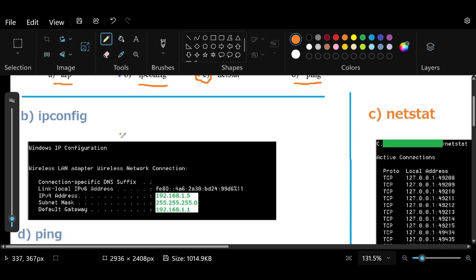First, ipconfig. If you enter this command in command prompt, if you're using Windows, you'd get this list, and the IP address could look something like this, with the subnet mask and the default gateway in this way as well. 192.168.1.5 is an example IP address.